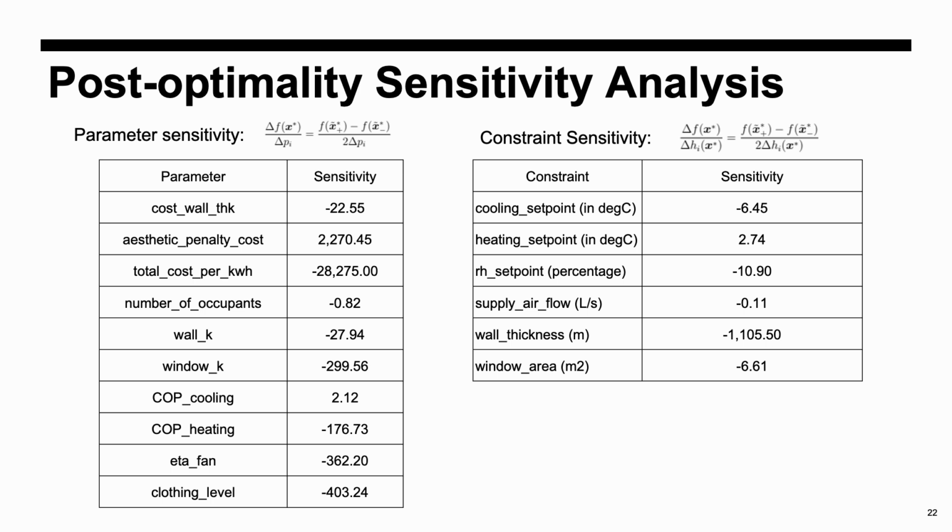So for cost of wall thickness, we started off with a value of $5, and then we perturb it by 10%, making it 5.5, and then we check the whole system, and then we report the sensitivity. For constraint sensitivity, we have upper and lower bound constraints on this problem, and we perturb these by 10% as well.